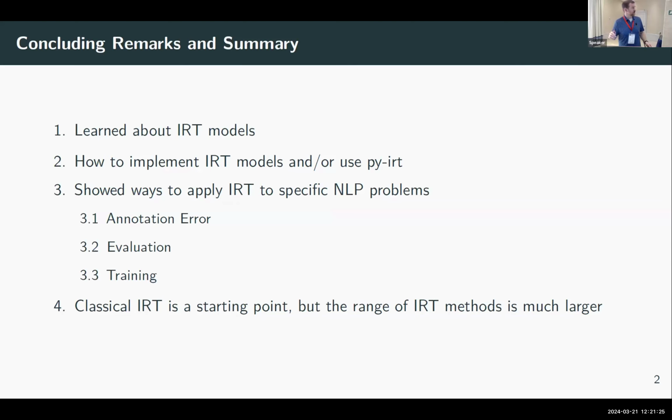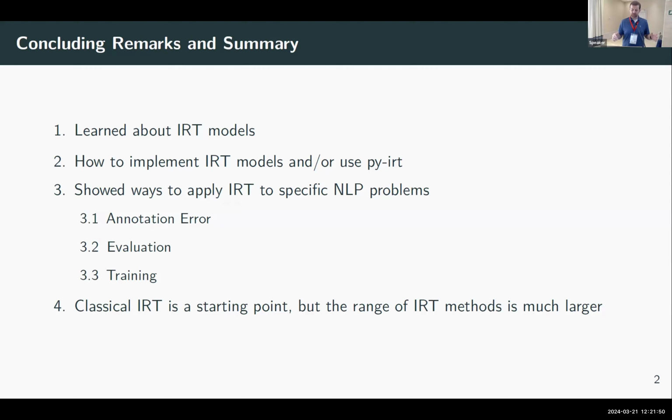So just to conclude, we learned a bit about IRT models and how to implement them with PyIRT, how to use PyIRT, how to extend PyIRT if you want to implement new models, as well as some examples, with annotation error, training, evaluation, just how once you learn those parameters, they can be plugged in to improve your task, across different types of tasks and different use cases.